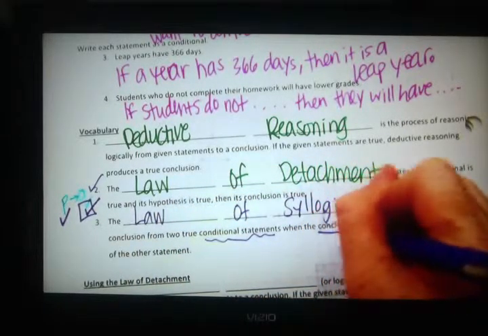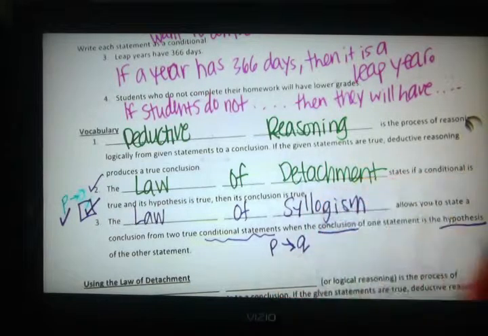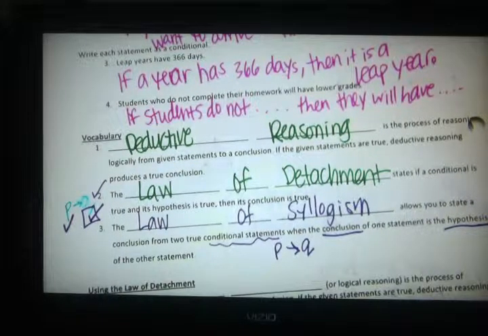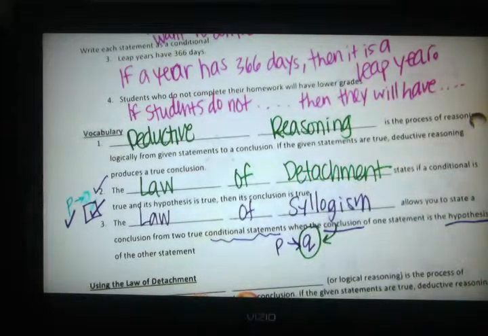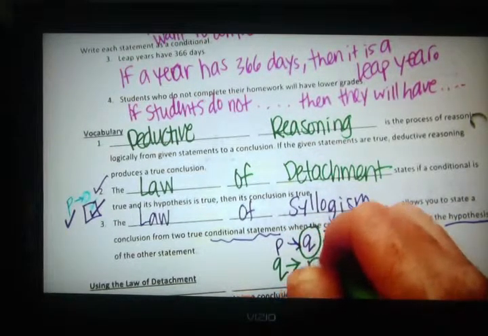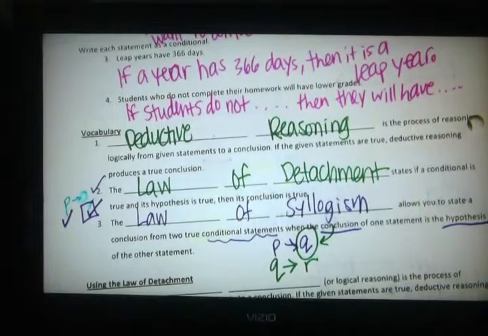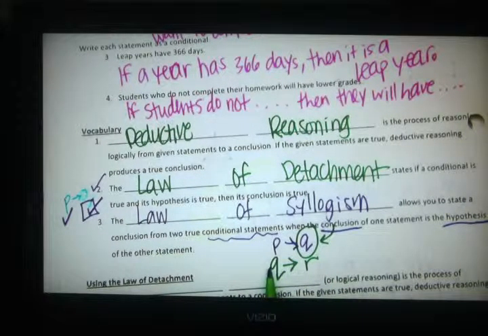Okay, so one conditional statement, if P then Q. So this happens when the conclusion, Q, of one statement becomes the hypothesis of another statement. Okay? So this conclusion of the first statement becomes a hypothesis of the other statement.